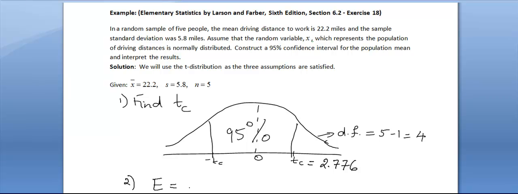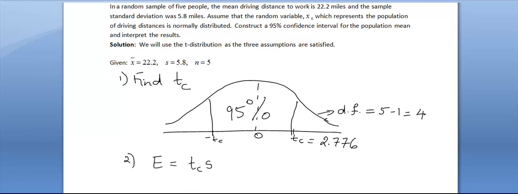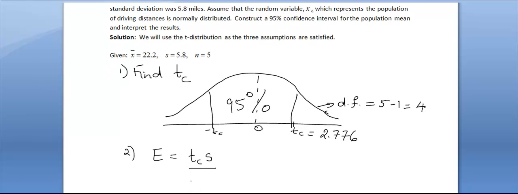The second step in the problem is to compute the margin of error. The margin of error is given as TC times s divided by the square root of n. So substituting all of these values, which we know, we have 2.776 times s, which is 5.8, divided by the square root of n, that will be the square root of 5.